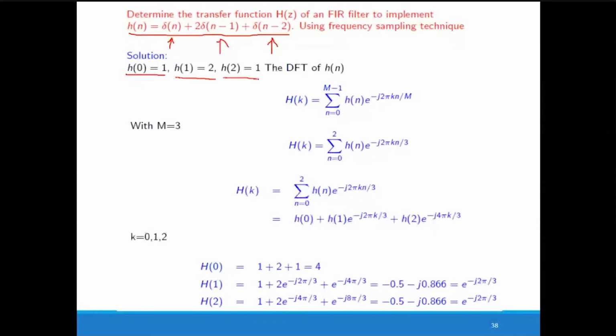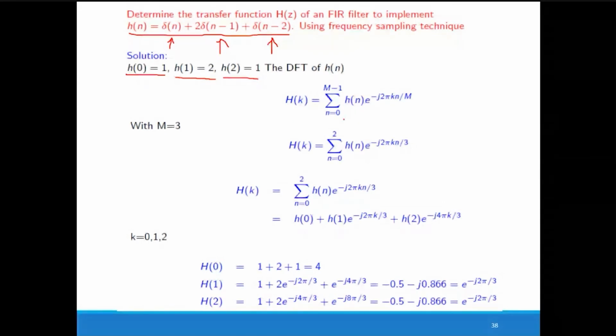Now we have to calculate the DFT of this h of n to obtain h of k first, because data is given in h of n form. First we need to convert it into the h of k form, or derive the DFT.